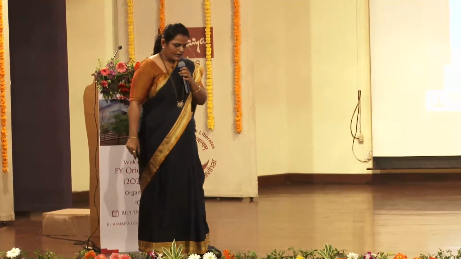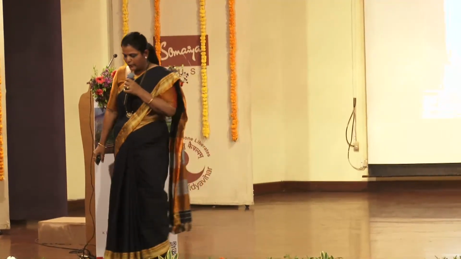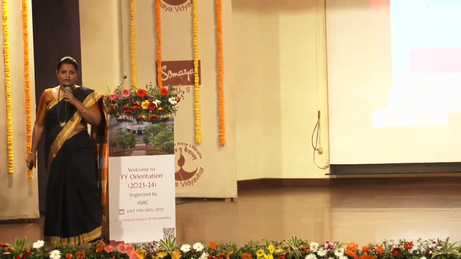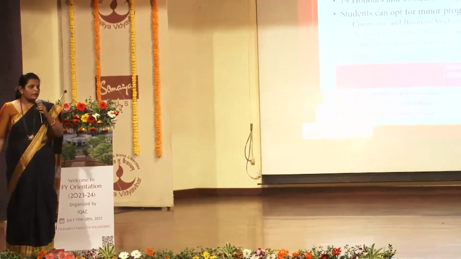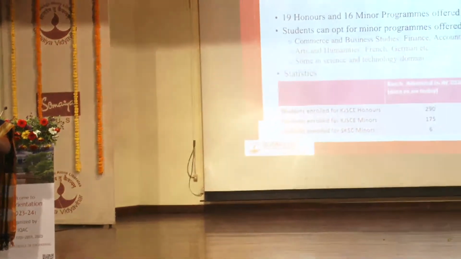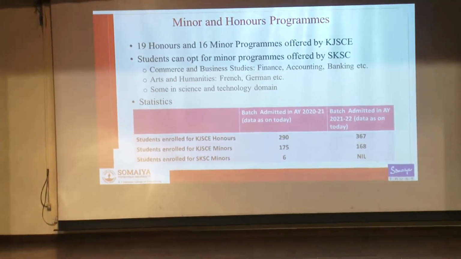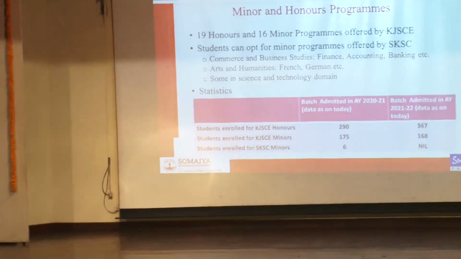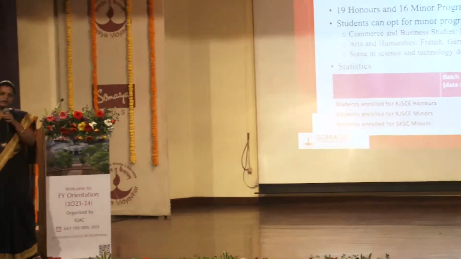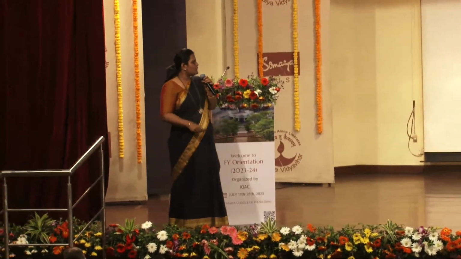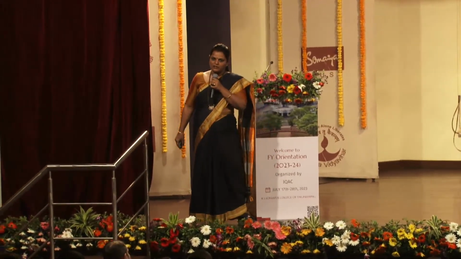Now, this is some statistics which has been displayed for the batches which were admitted in the years 2020 and 2021. For the batch which was admitted in 2022, their allotment process is going on because those students will be going on to the second year. So they will start with the minor and honor. The process of allotment is going on. If you see, the numbers are promising enough.